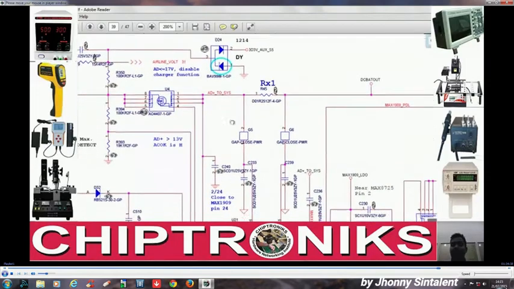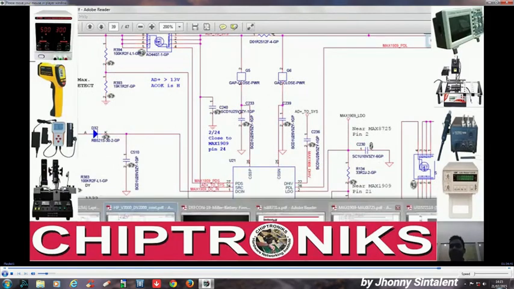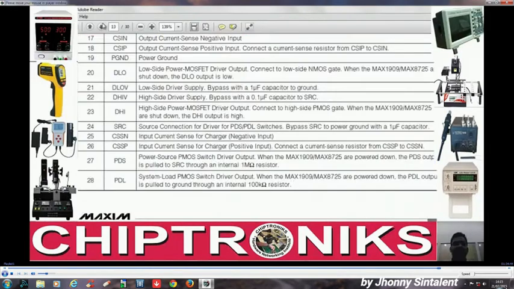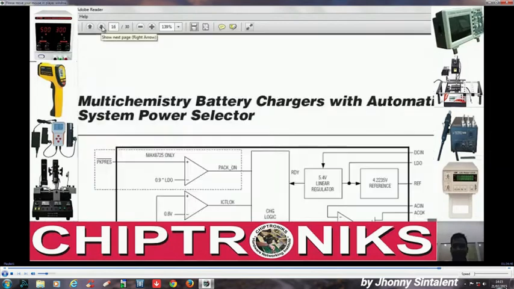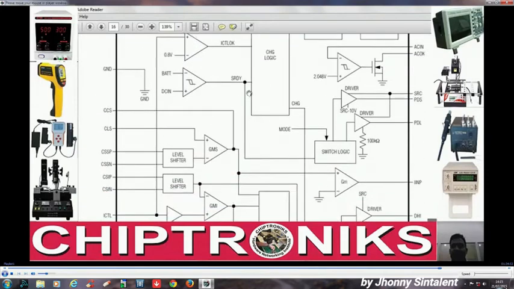So it's very important. And how is it generating this PDS and PDL? It's getting it through its internal logic. Okay, over here, by checking the value between BAT and DC in, it is generating a signal to the switch logic. Okay, so now I think we have understood all the points.